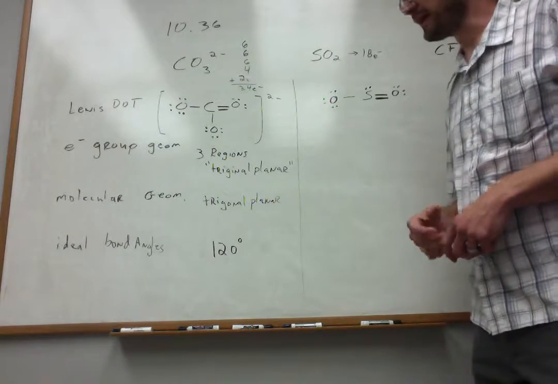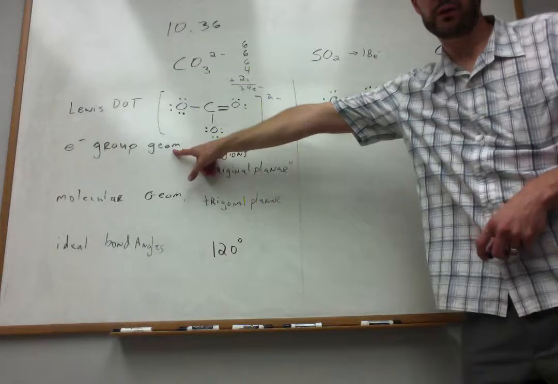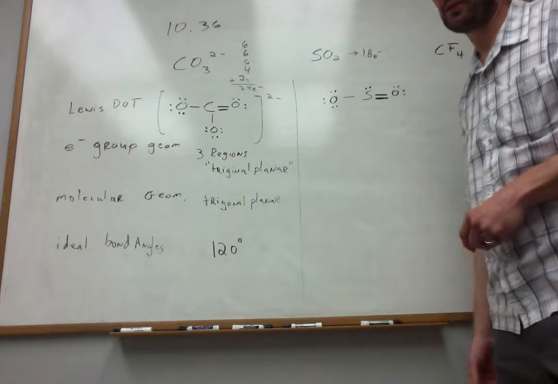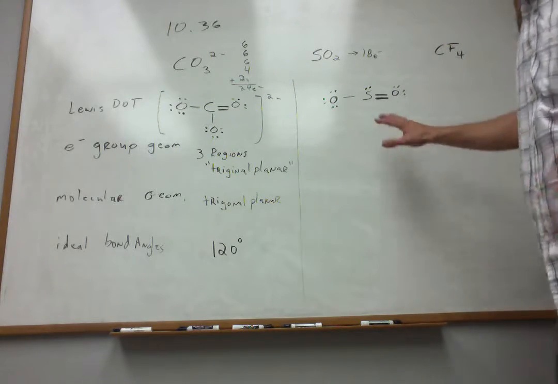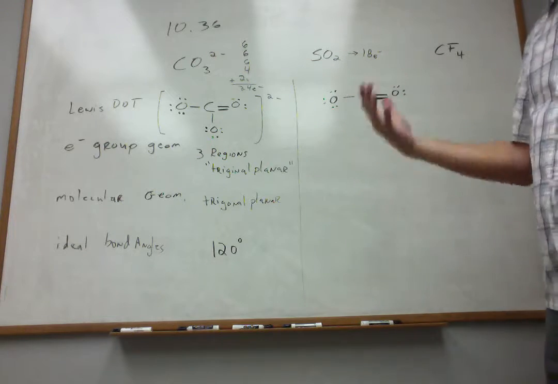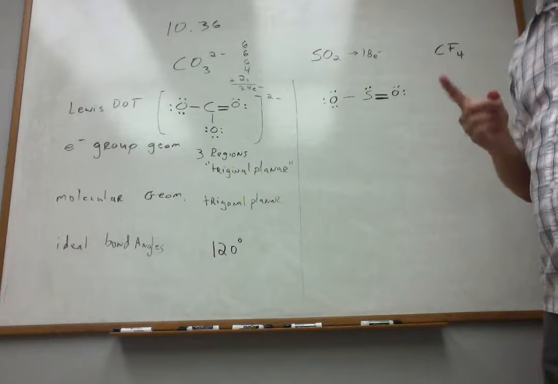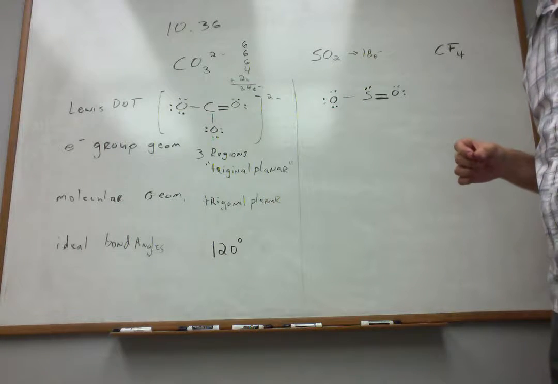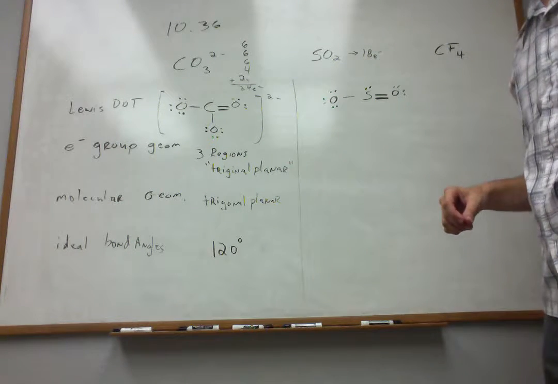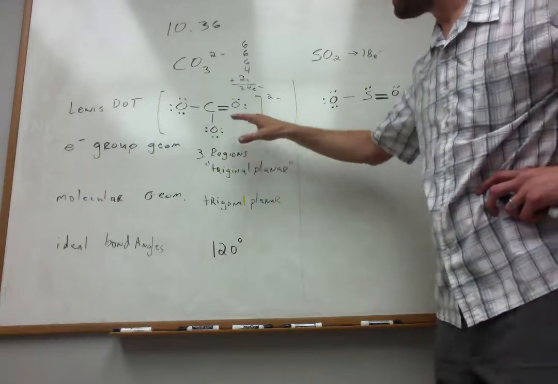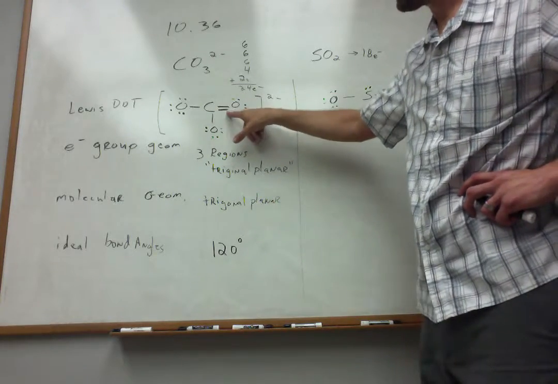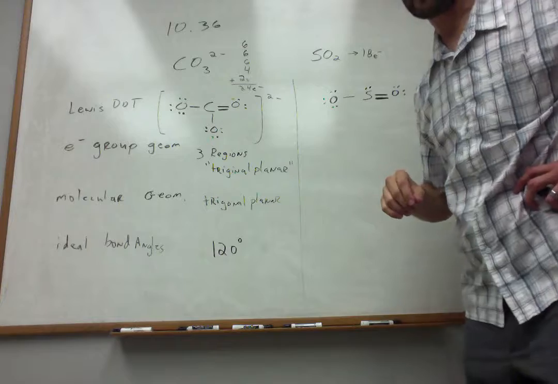Now that I've established that, I need to think about what my electron group geometry is for this particular substance, okay? Now this one's a little bit different than this one in some respects if you compare structures, but one thing that's similar is how many regions of electron density I had. In this ion, I had 1, 2, 3 regions, but they were all involved in bonds.